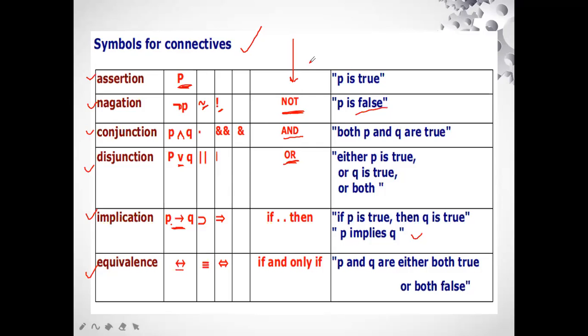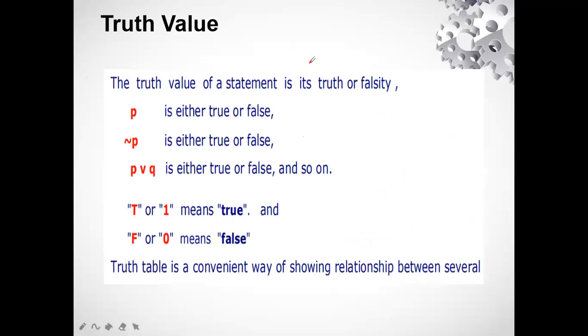Okay. Now moving further, what does truth value mean? The truth value of a statement is its truth or falsity. If the statement is true, then it has the truth value true, or if the statement is false, it has the truth value false.